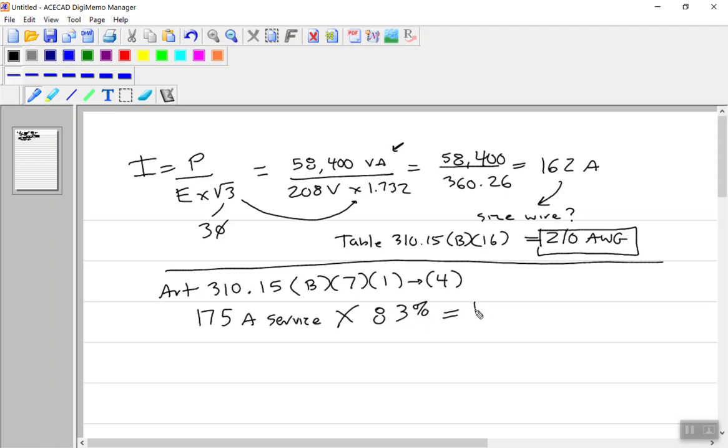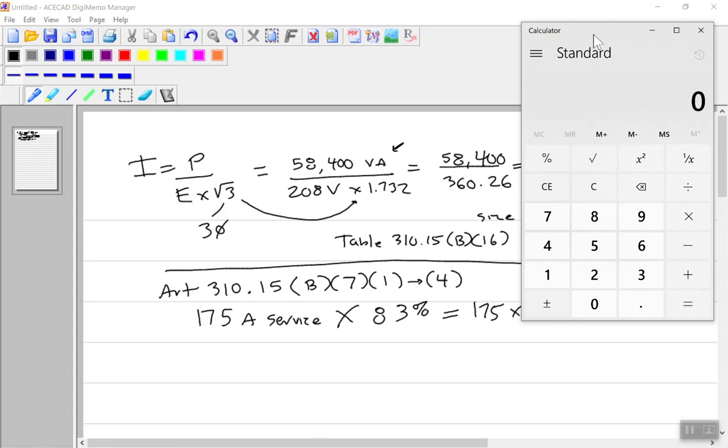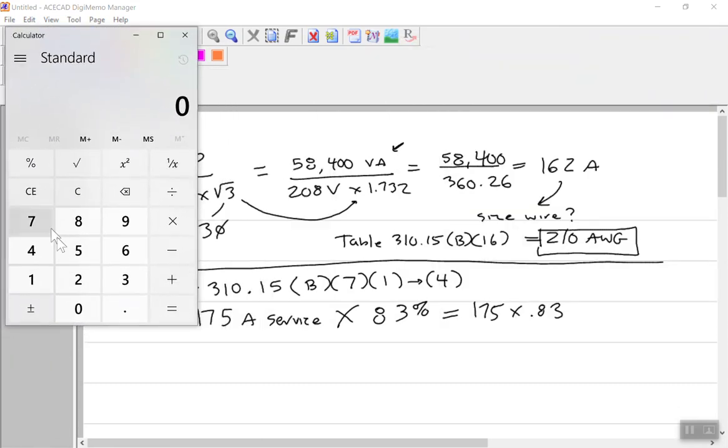Isn't it 175 times 0.83? Sure. And then we just knock this thing out on our calculator: 175 times 0.83, and we get 145.25.